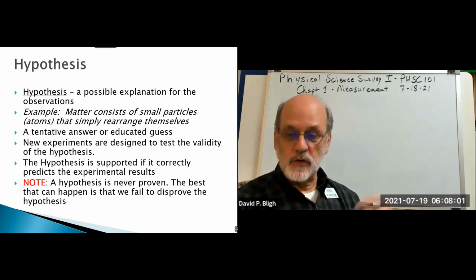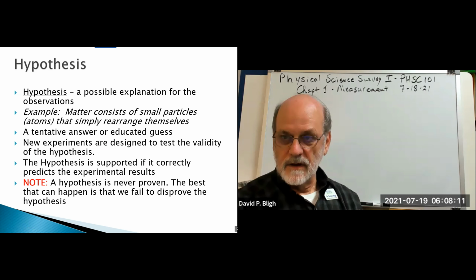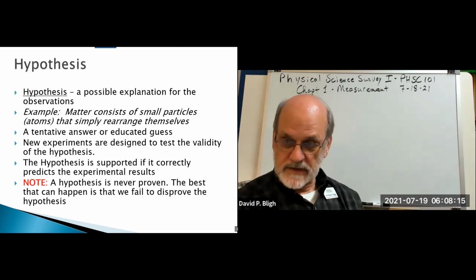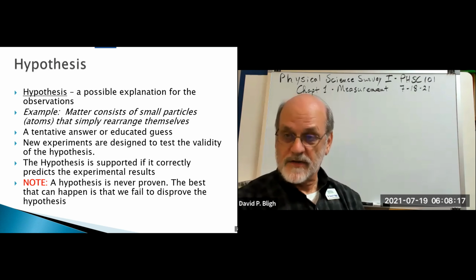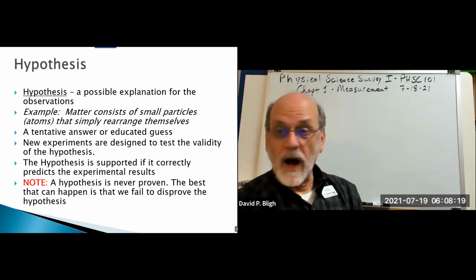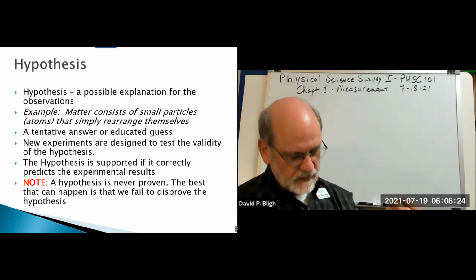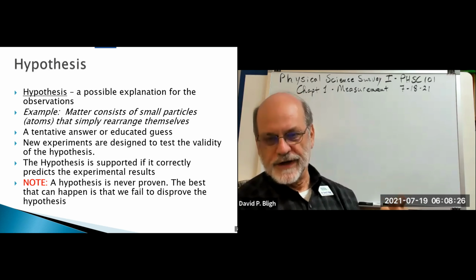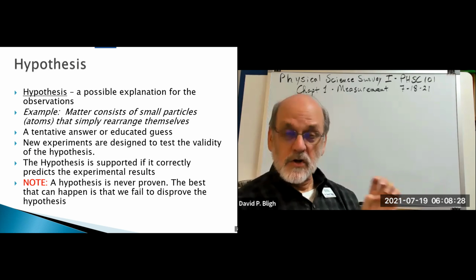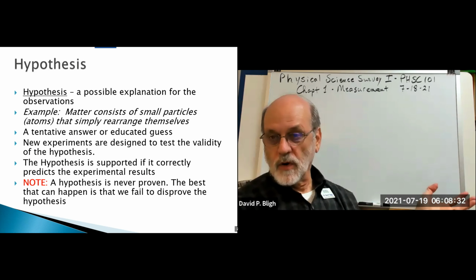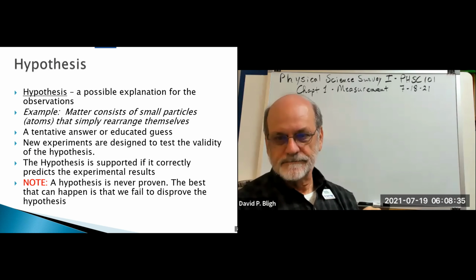In other words, the only thing that can be proven is that your hypothesis is false. But if you fail to disprove it, that is support for your hypothesis and may require more experimentation, and usually does. That's often called job security. In other words, when you conduct an experiment, you usually come out of the experiment with a dozen or more new questions that need answering.